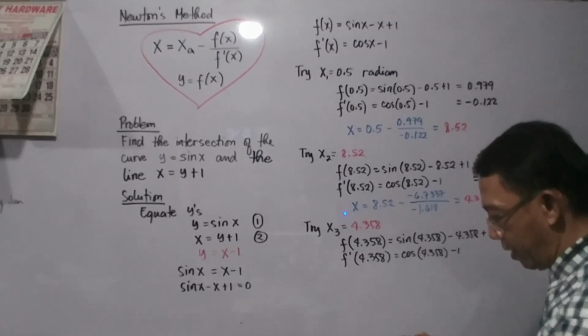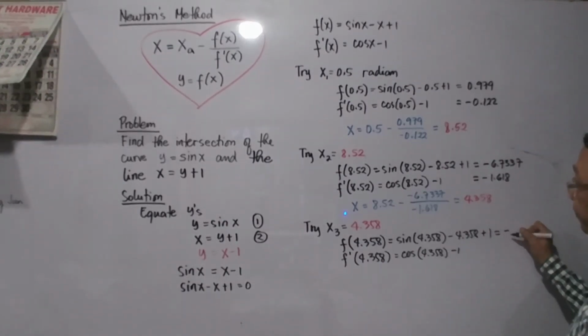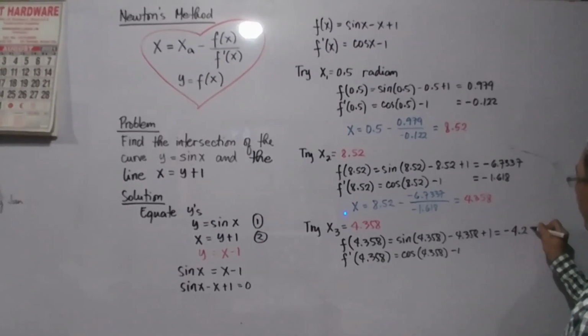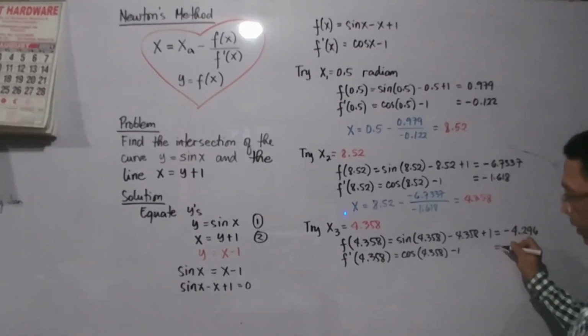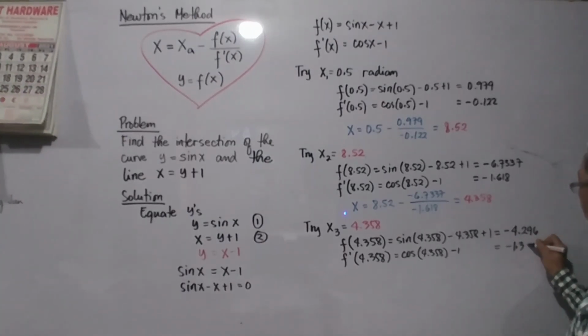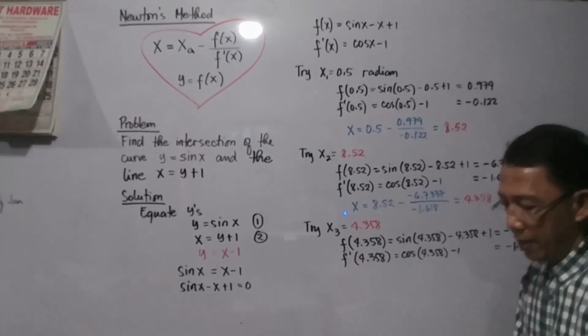So you have here now negative 4.296, and the other one is negative 1.347.